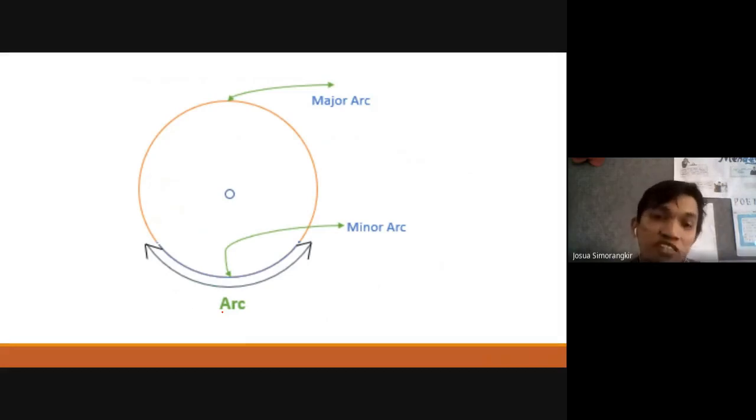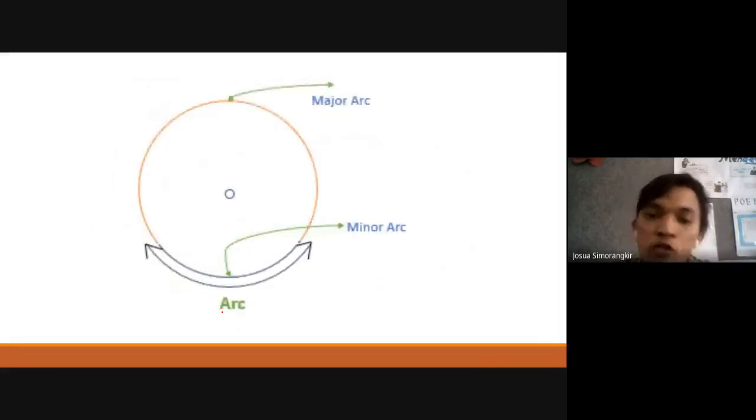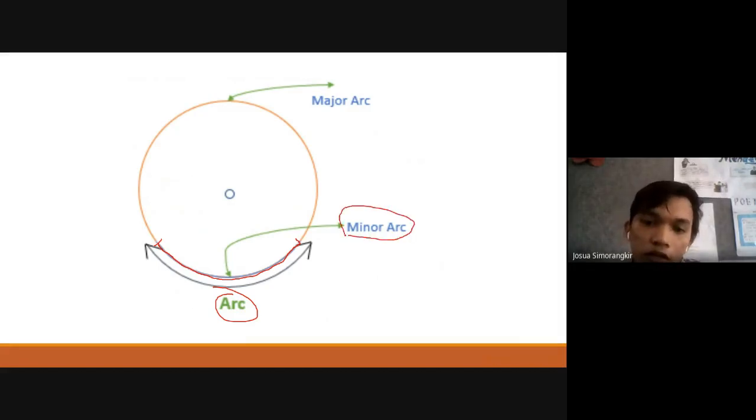If we take a part of the circumference like this, let's say the blue curved line here, we take this part and we call it an arc. Another part could also be an arc, but it depends on the length. We call it a minor arc if it is smaller, and a major arc if it is greater.